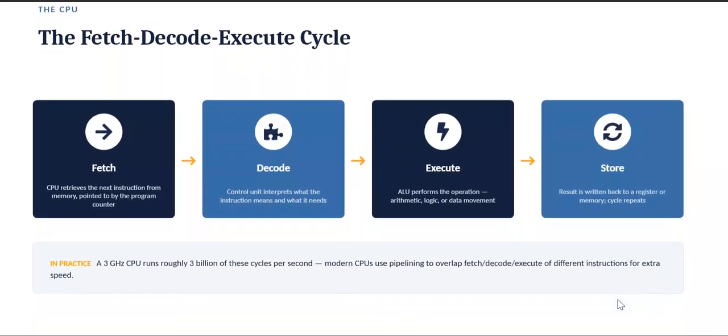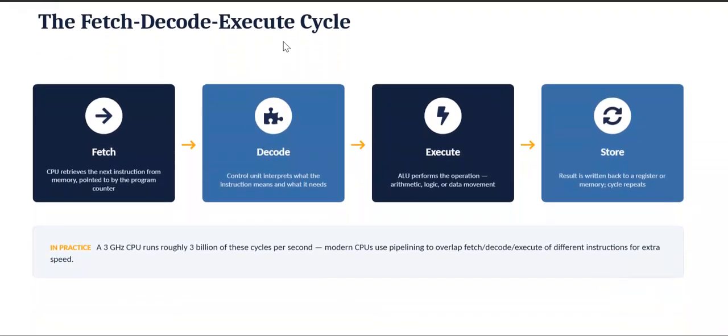Now, also the CPU's fetch, decode, execute cycle. This is how it is. The CPU fetches the instruction, then decodes it: the control unit, the CU, interprets what the instruction means.